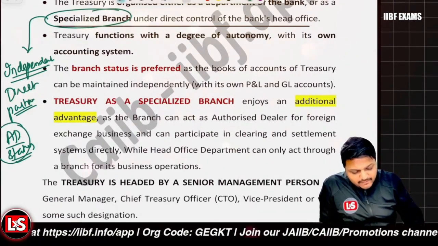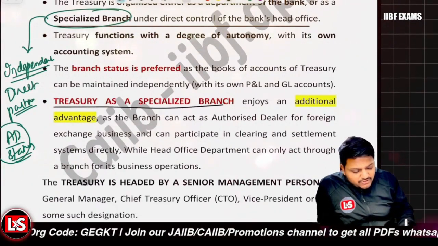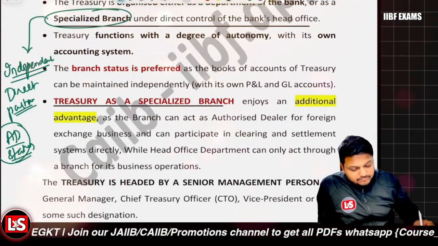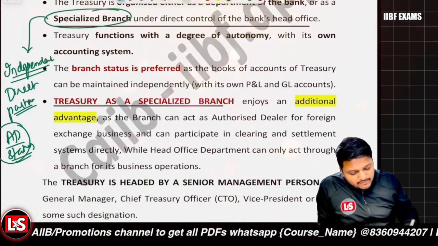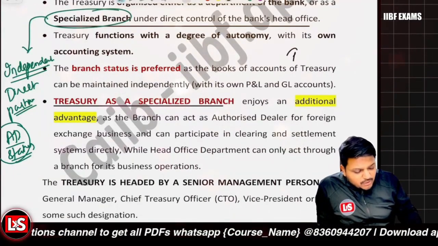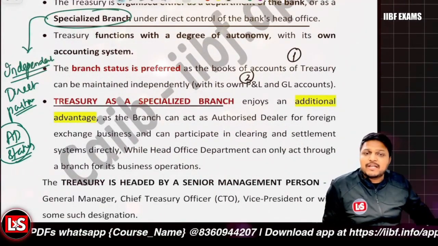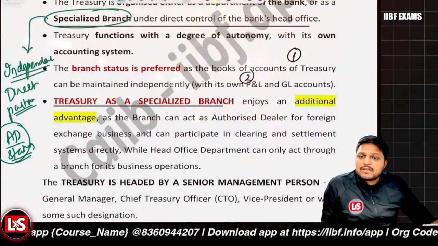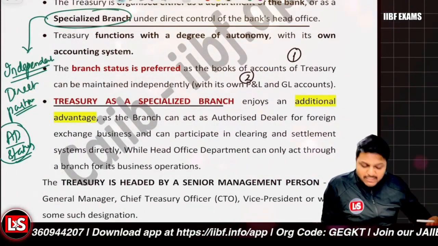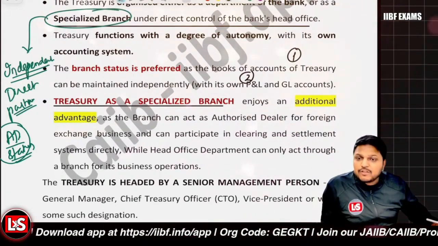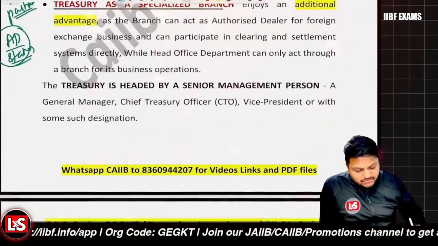So these are the three benefits that will be available if you are having the treasury as a specialized branch, right? And why is it preferred? Because first of all, you're having independent accounting, and second, your own profit and loss account and general ledger accounts. Clear with it? So you'll be having independent accounting, direct market participation, and authorized dealer status.